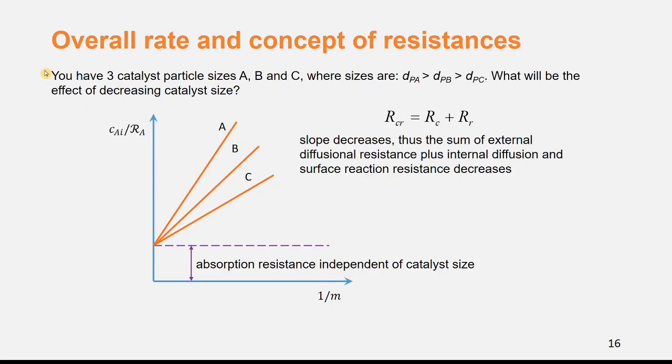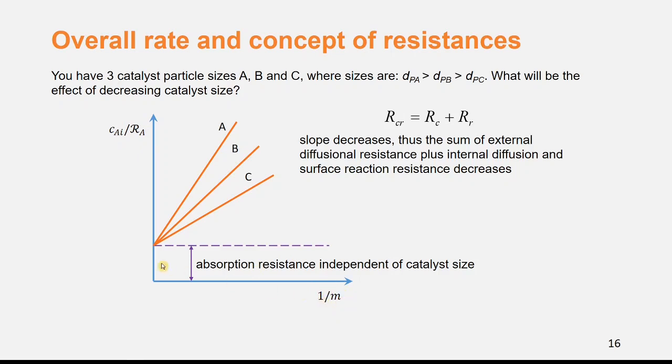Now, you can do the experiments using different catalyst pellet sizes as well. One set of experiments for each size and obtain 3 different plots. Suppose you have 3 different pellet sizes, A, B, and C, where A is larger than B and B is larger than C. And then you plot CAI divided by the rate RA against 1 over m.